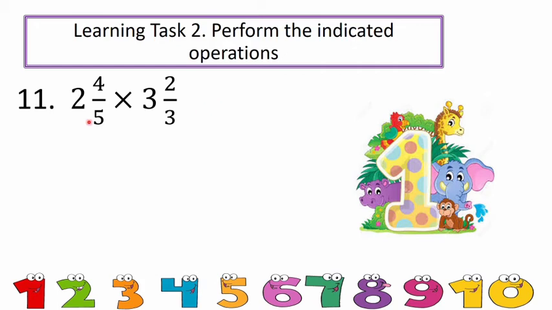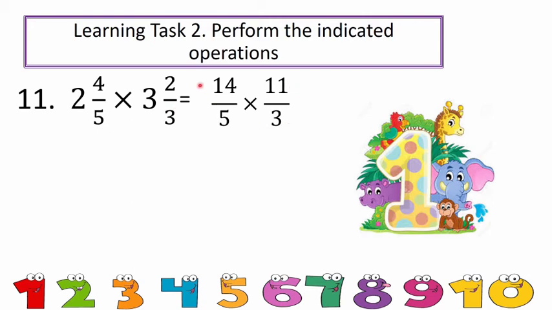So we have here 5 times 2 is 10 plus 4, 14 over 5. Then 3 times 3 is 9 plus 2 is 11. Then copy the denominator 3. So we have 11 over 3.